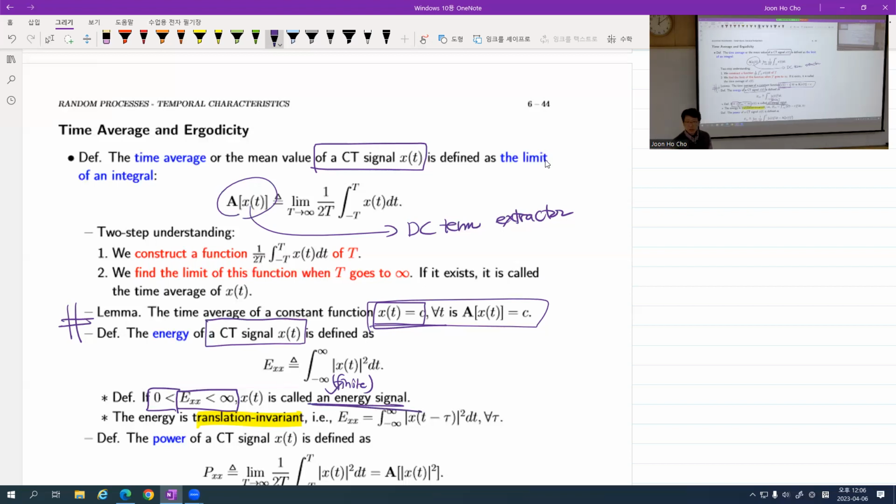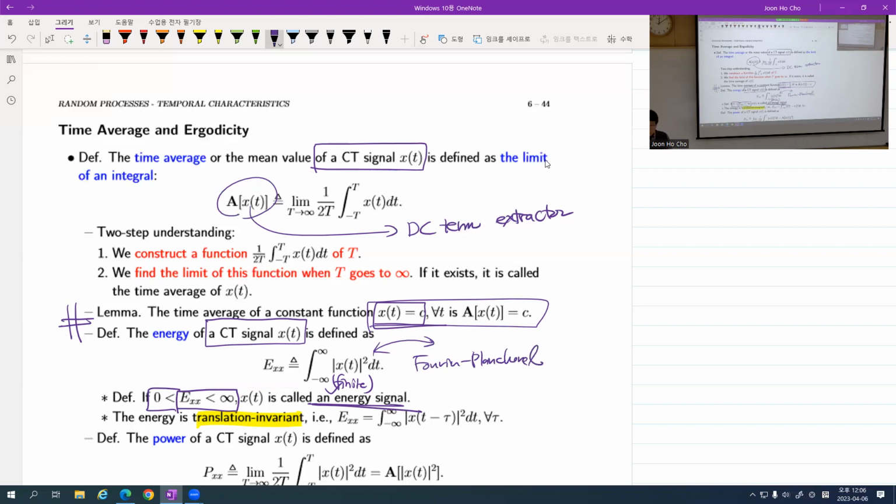Why is an energy signal important? Mathematically, that signal is called an L2 function, which means a square integrable function. And if the signal is square integrable, you have a very good Fourier Plancherel transform.